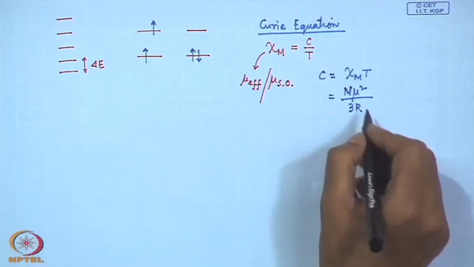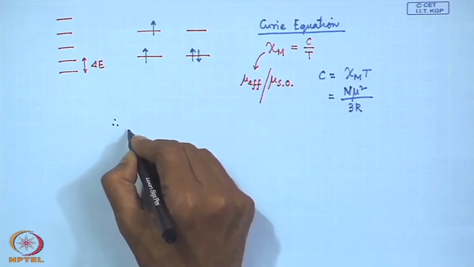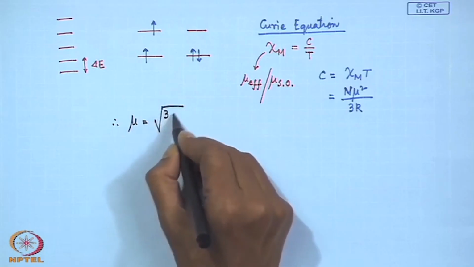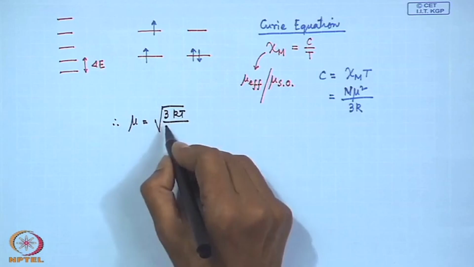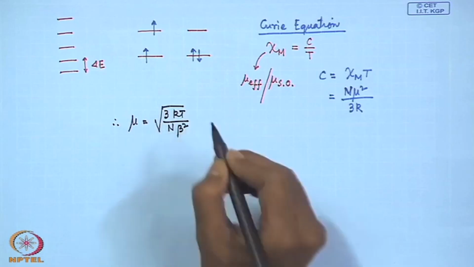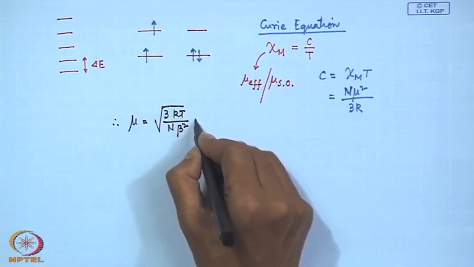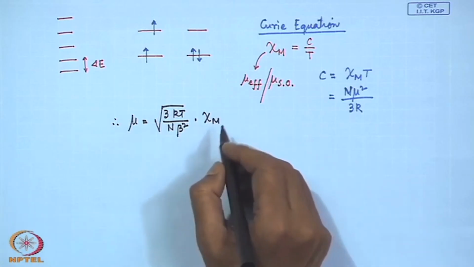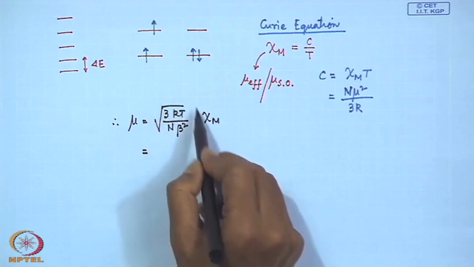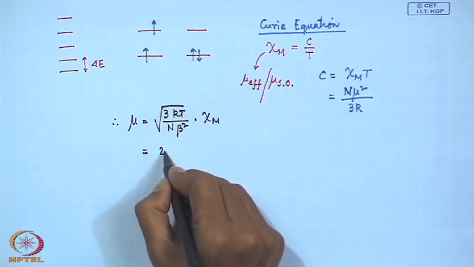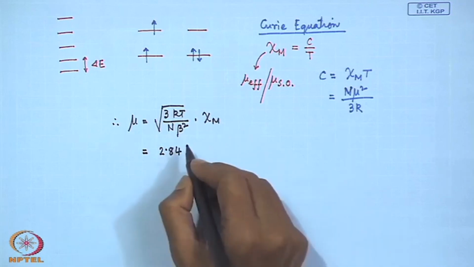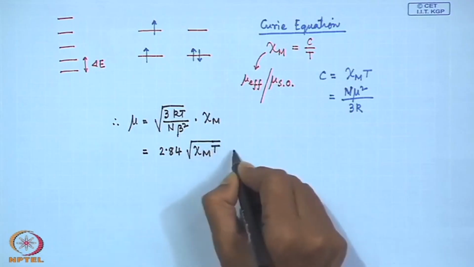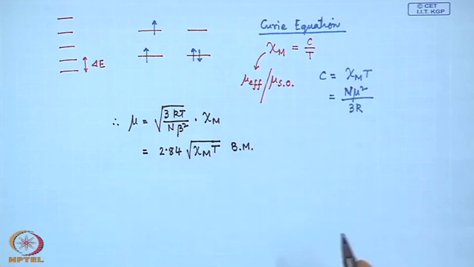And this particular relationship also gives us therefore the mu values, which are nothing but root over 3kT by N beta square in terms of the corresponding values in the Bohr magneton, which, if we try to find out the entire constants, if we put, that gives us the magnitude of 2.84 into root over chi m T. That much Bohr magneton we can find out.